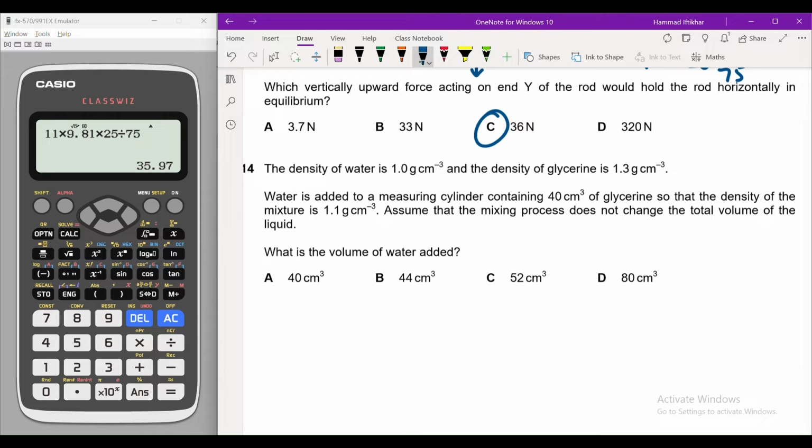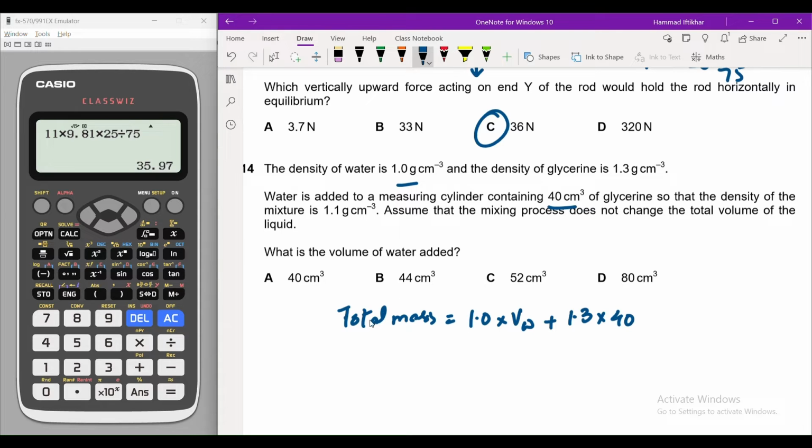So we need to calculate what the total mass is. The total mass would come from 1 gram times the volume of water, plus 1.3 grams times the volume of glycerin, which they have given us as 40 centimeters.